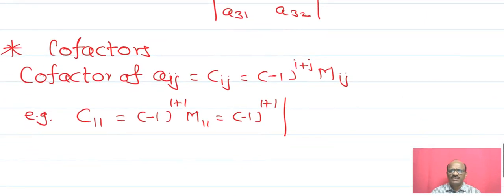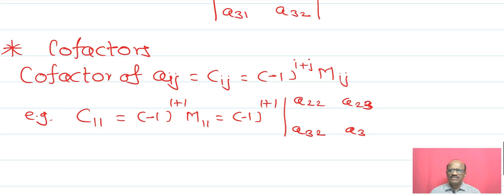The value of M11 is A22, A23, A32, and last is A33.